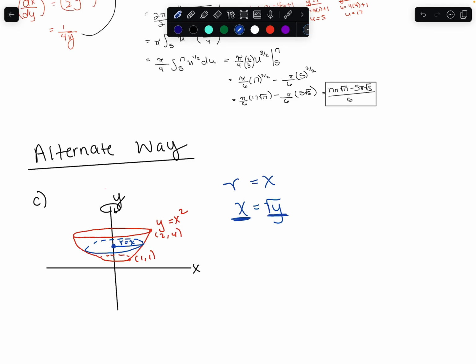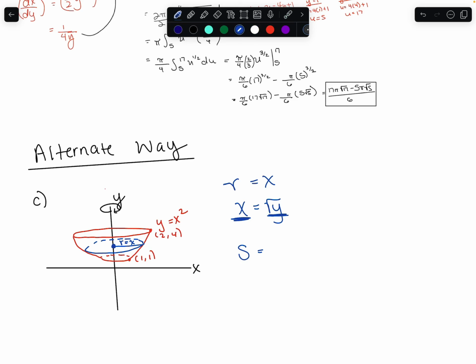So let's say I use x to find the surface area. Again, just to reiterate, because these two are equal to each other, I can use either x or square root of y as my radius, okay?